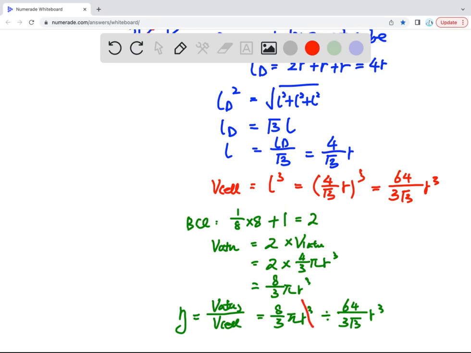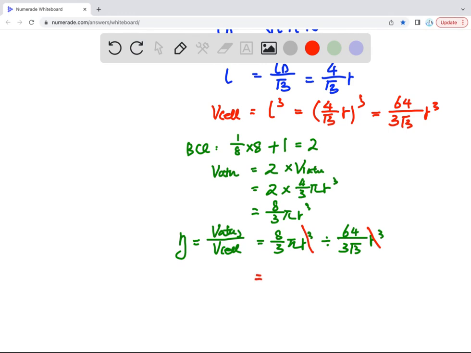You find this can be cancelled, r can be cancelled, right? And that becomes 8 pi over 3 times 64 times 3 times square root 3. So here 3 can be cancelled, 8 can be cancelled to 8. So it becomes square root 3 times pi over 8.